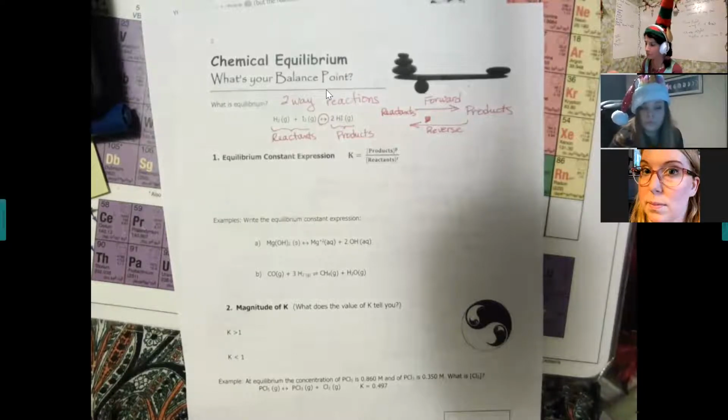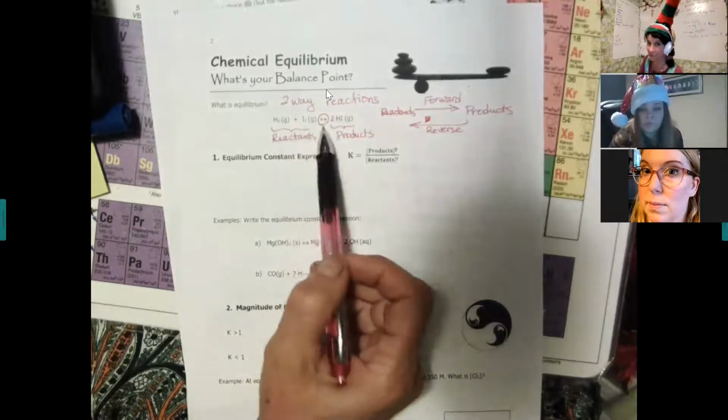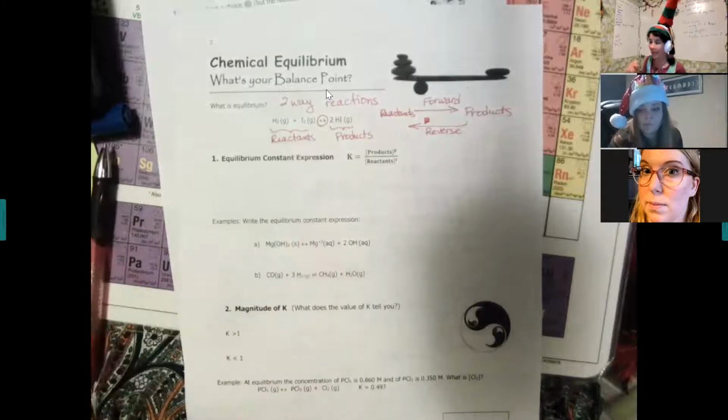So chemical equilibrium is this idea that we mix the hydrogen and iodine, and this happens in a femtosecond, which is a million billionth, so 10 to the negative 15th of a second. A snap of a finger actually takes like a millisecond, a thousandth of a second. This is 10 to the negative 15th of a second.